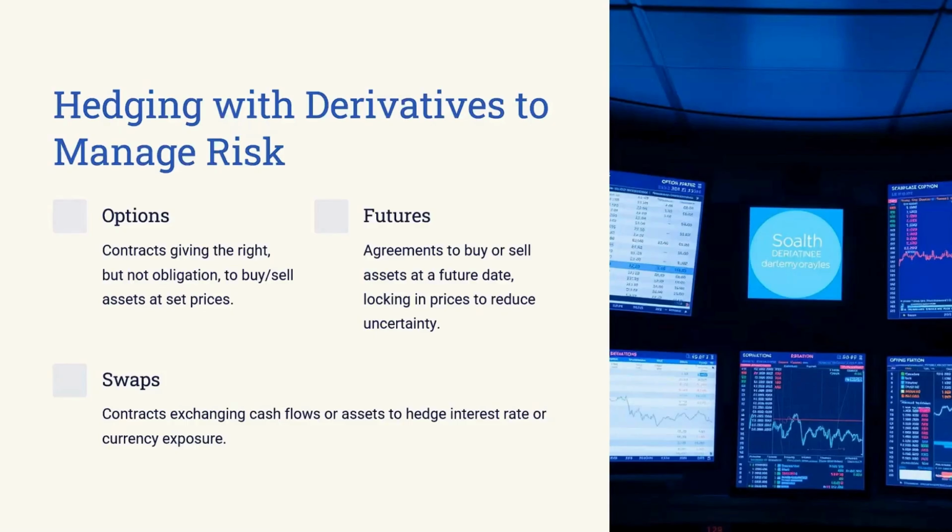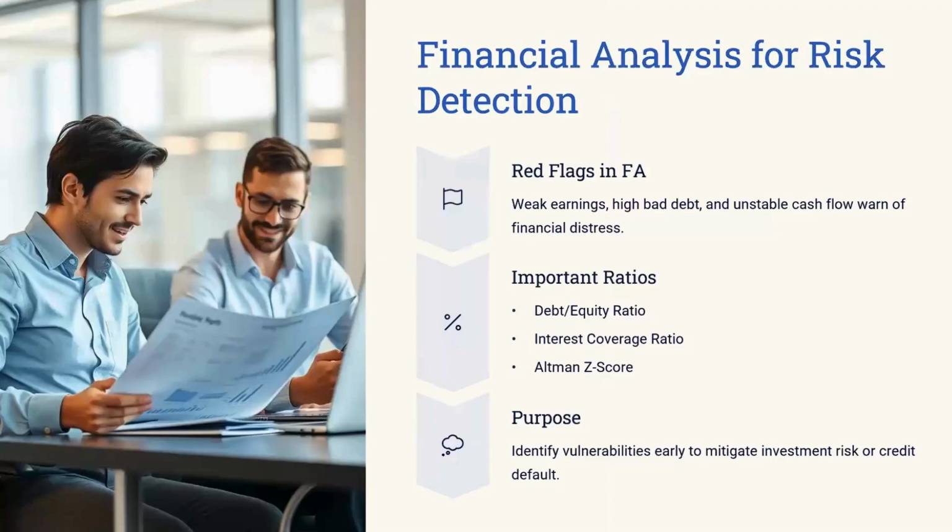These are commonly used to hedge against interest rate or currency exposure. For example, an airline expects to buy a large amount of jet fuel in 6 months. To hedge against a potential increase in fuel prices, they could buy a futures contract to lock in the price today, reducing the exposure to market fluctuations.